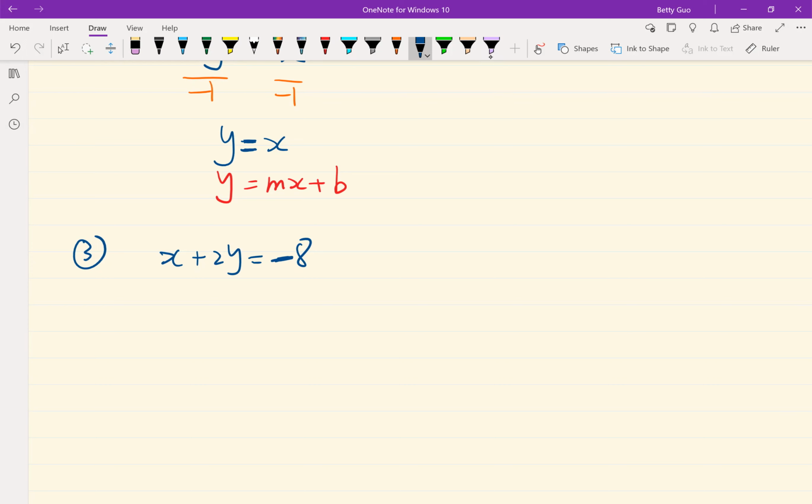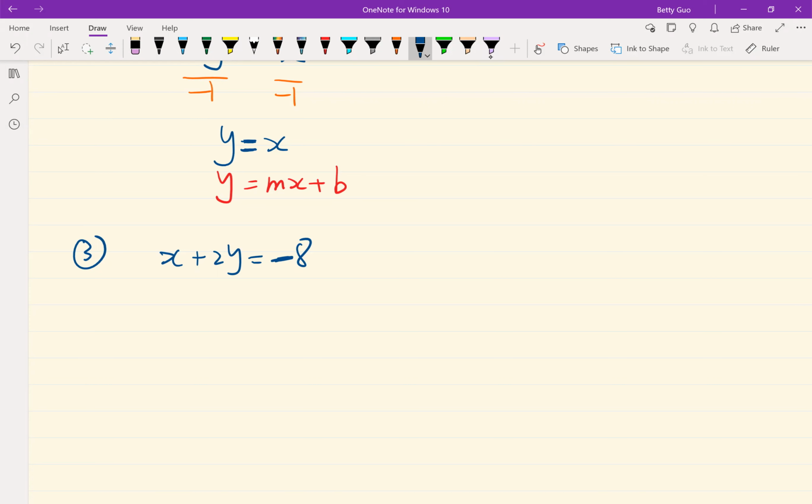What you just did is you bring x over, you move it over to the right. So your positive becomes negative, right? You are isolating y, so that's why you need to get rid of this term on the left, right?